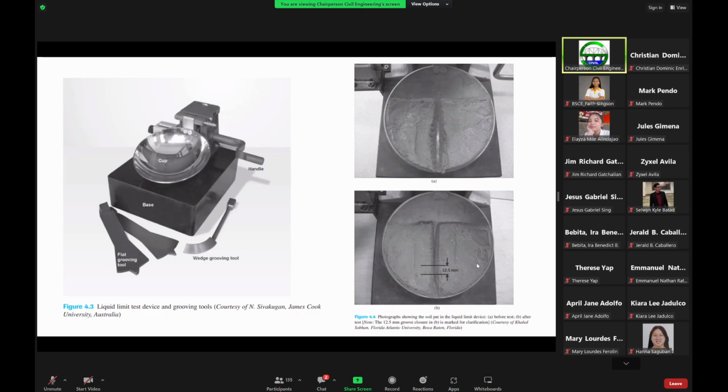Then you will try to measure 12.5 millimeters for the groove closure, to define the liquid limit value. Anyway, you will be doing this in the lab as well.